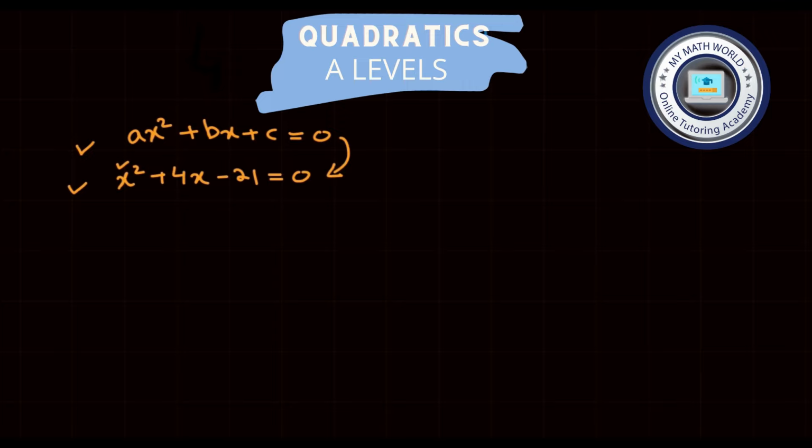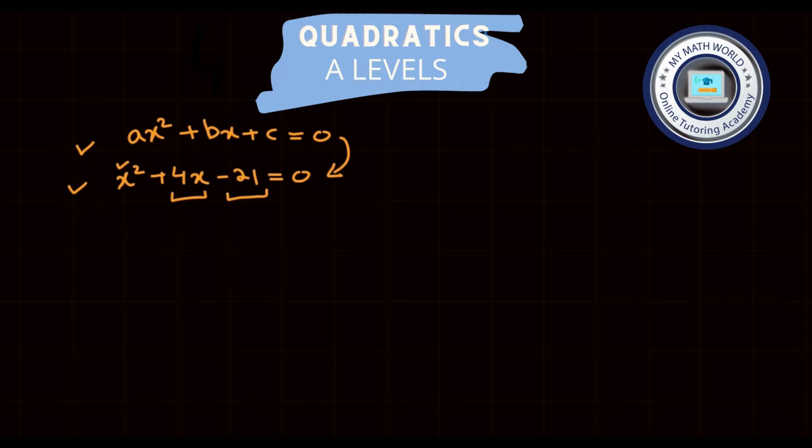Okay, so by applying the method of factorization, we have to consider this middle number, which is the coefficient of x, which is positive 4. Now the next thing that we have to see is this minus 21.